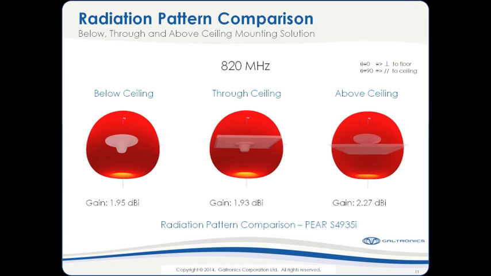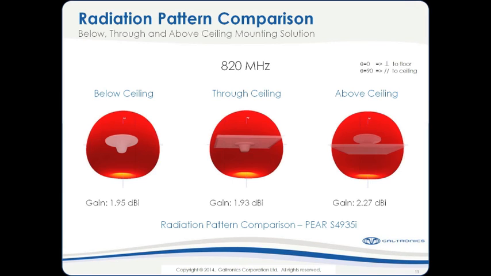So at this particular frequency, the antenna pattern shape has not changed that much, and the antenna efficiency has not changed that much. And then when we move the antenna above the ceiling tile, the gain actually goes up, and this is a result of reduced efficiency that is more than compensated for by increased directivity. And how do we know the directivity is increased? Because the shape of the pattern is changed.